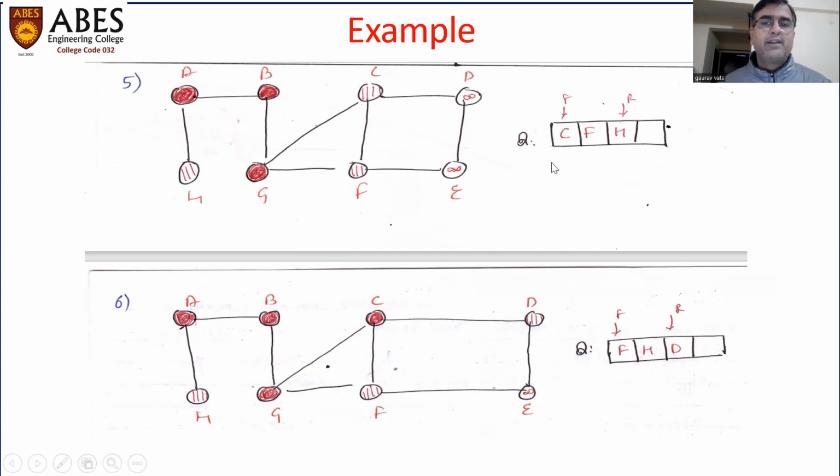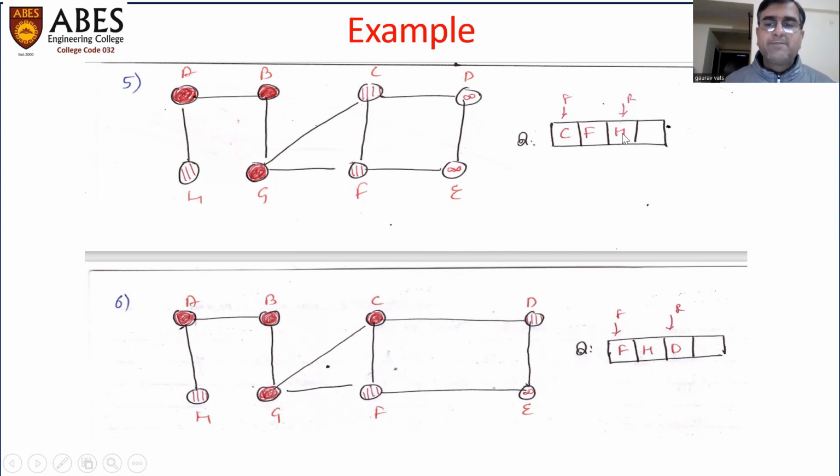Okay. So again, step 4 is saying process C. After processing C, we can see that F is already in a waiting state, but D is in ready state. According to the algorithm, all those nodes that are in ready state, change their status to waiting state and put them into the queue.